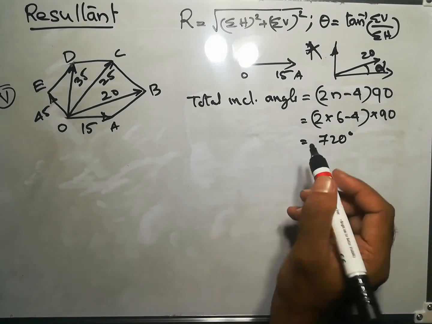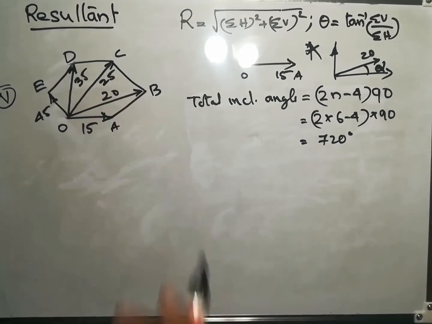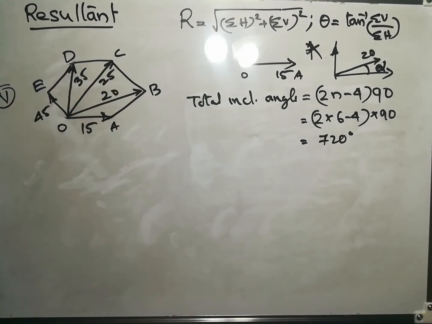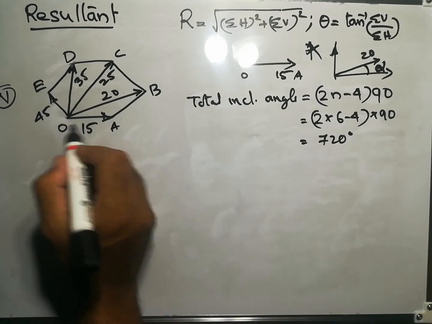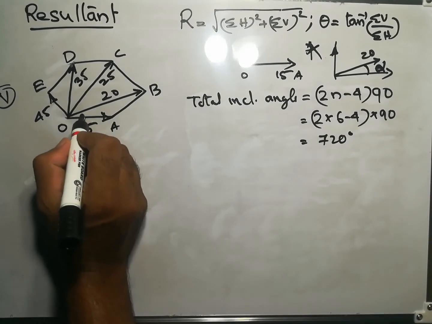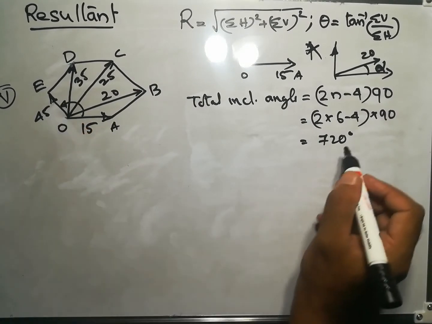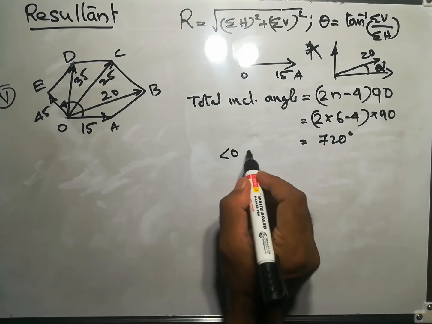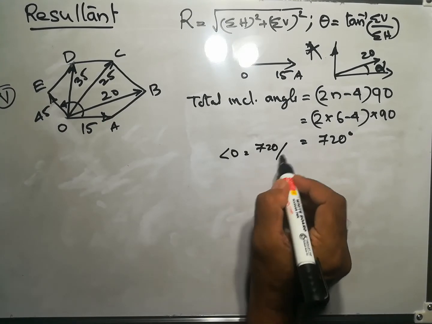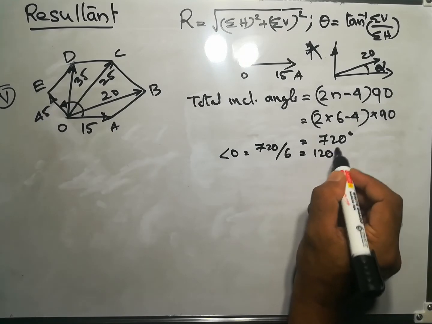Again, each angle will be the same in this regular hexagon. So one angle, for example angle O, will be equal to 720 divided by 6, equal to 120 degrees.